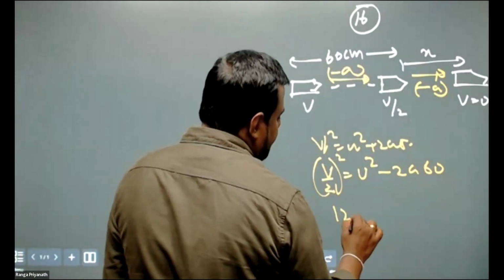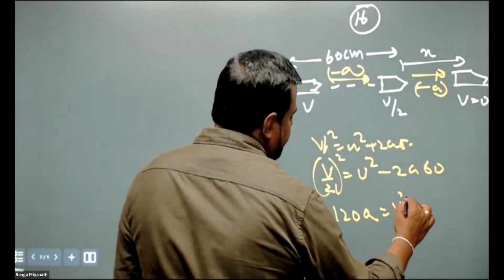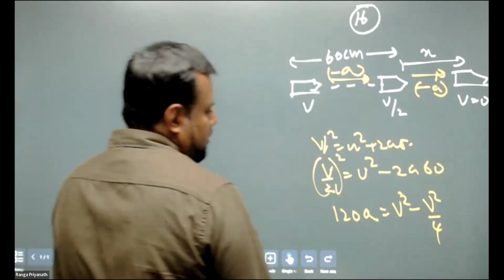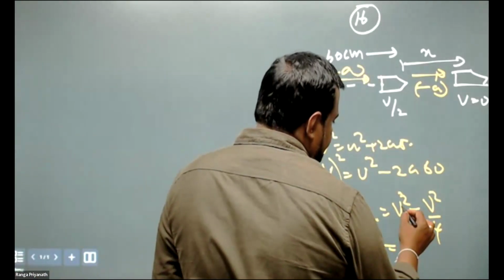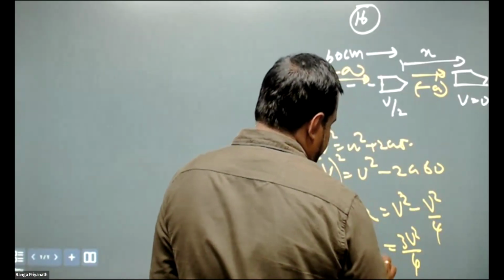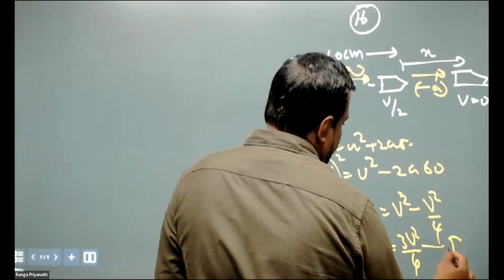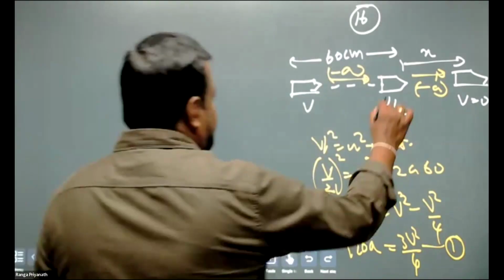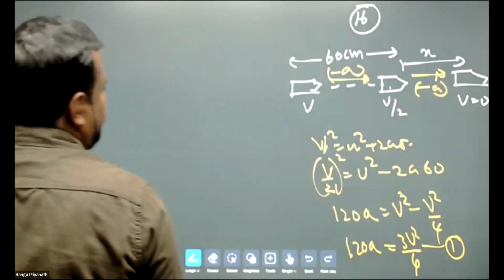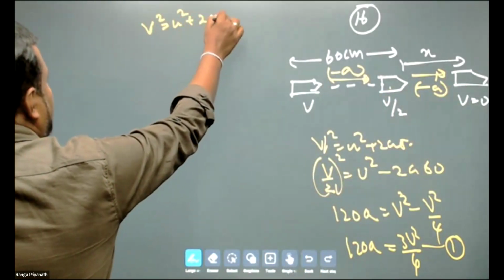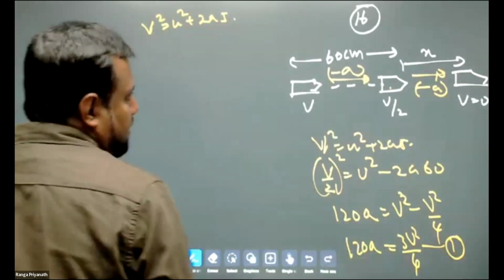This gives 120a equals v squared minus v squared divided by 4. That means you get 3v squared divided by 4 equals 120a. Let me take this as number 1. From this point to that point, I'm using the same equation, v squared equals u squared plus 2as.